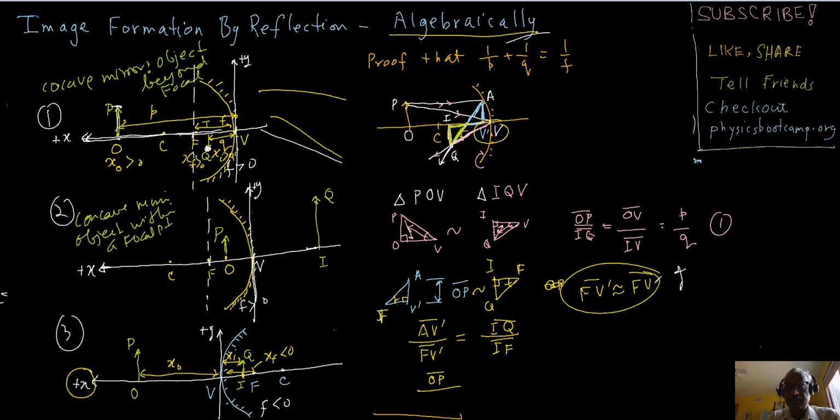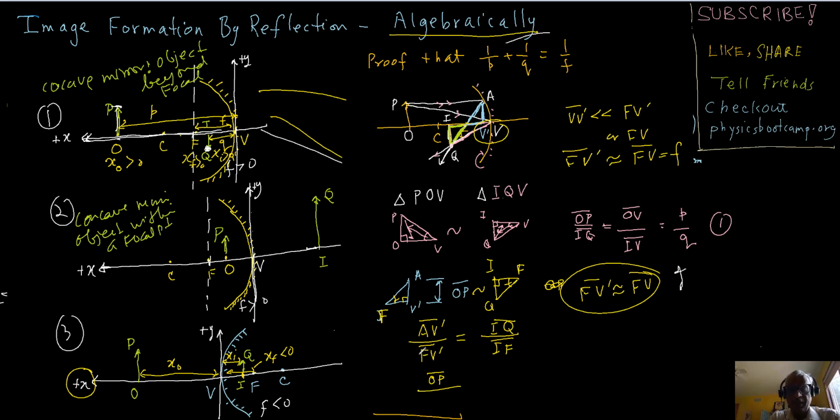We're going to make the approximation that VV prime, this distance, is much less than FV prime or FV, so that FV prime is FV.